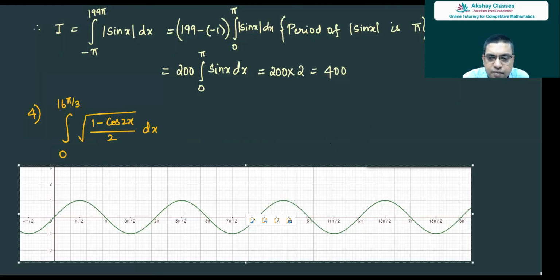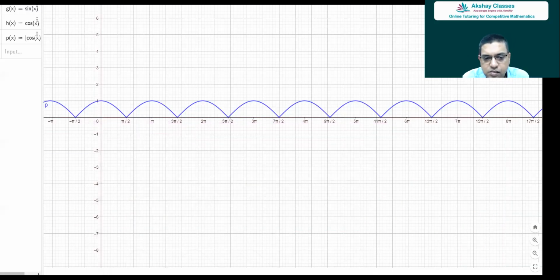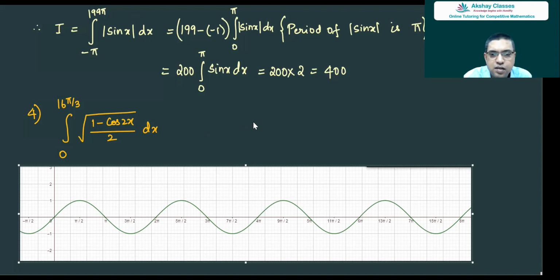Okay, this is the graph. Now, what is 16 pi by 3? Let us first check. This 16 pi upon 3 is nothing but 5 pi plus pi by 3. So where is 5 pi? 5 pi is here. Of course, this is sin x, not mod sin x.